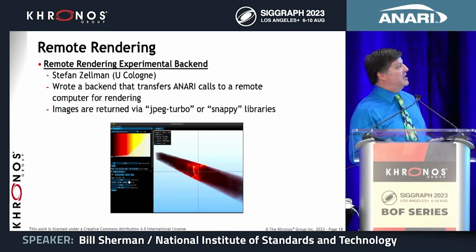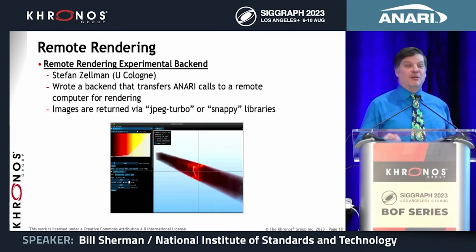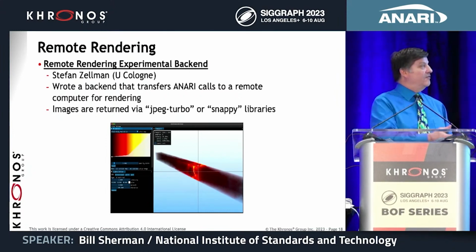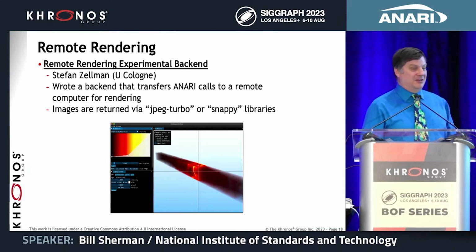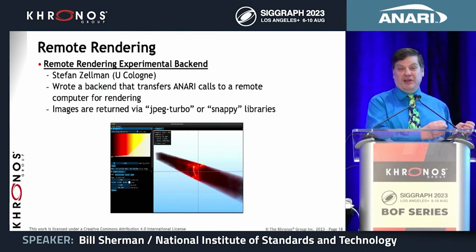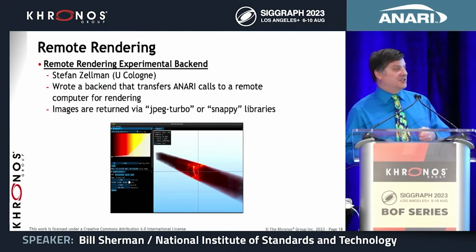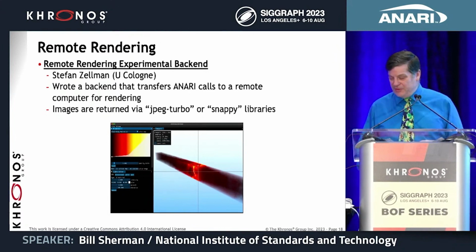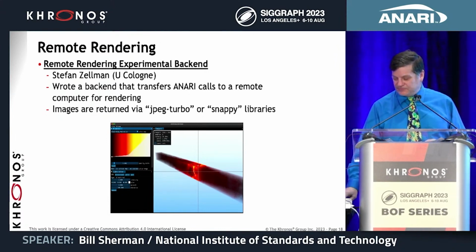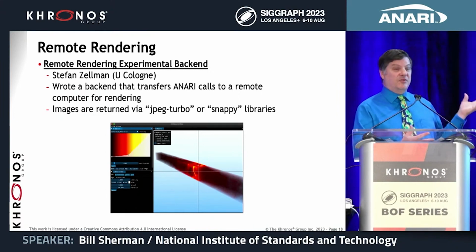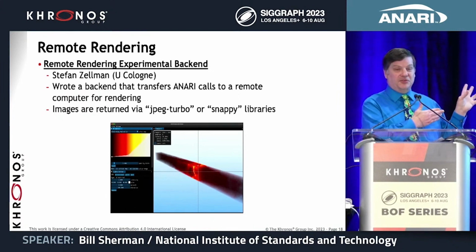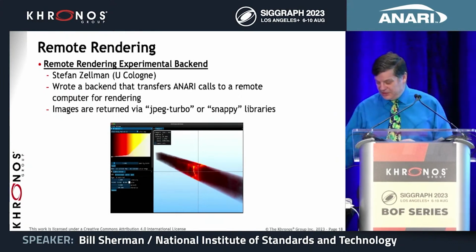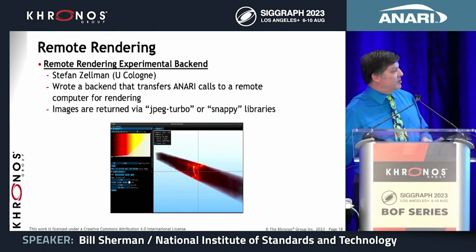So he made a new back end that sent the Anari commands to a receiving end, did the rendering there, and then sent images back compressed using JPEG Turbo or Snappy, to get good feedback. And that's going to come. We're actually going to include that in the Anari SDK that gets released. So that'll be one thing that the community has already contributed.